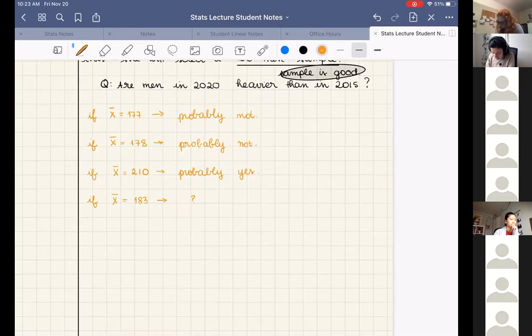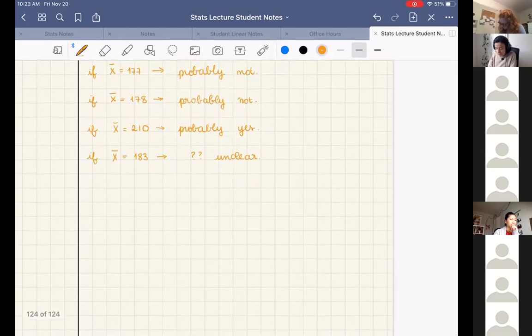So in these cases, it's unclear just by looking at it. And so the idea is to say, okay, if it is unclear, then how do I make a decision based on data? Because most likely I'm never going to get results that are as extreme as 210 or as close as 177. So how do I determine what is the value that can convince me that the weights have actually increased significantly?